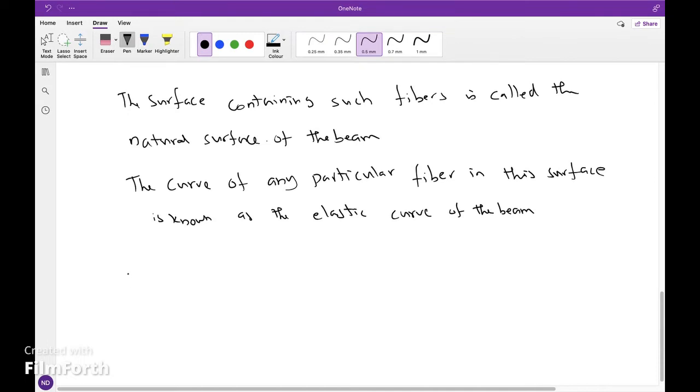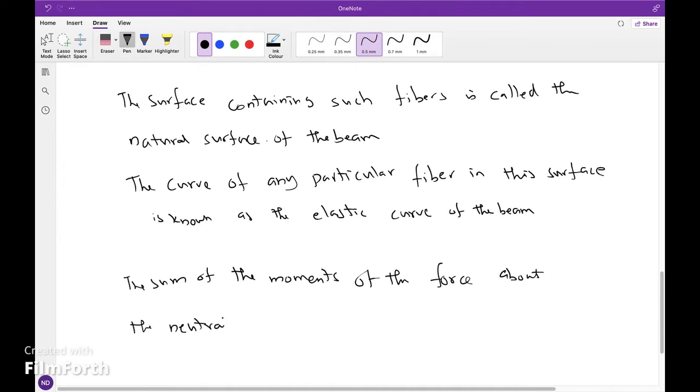The sum of the moments of the force about the neutral axis is E into I by R. E, already we know, is Young's modulus.